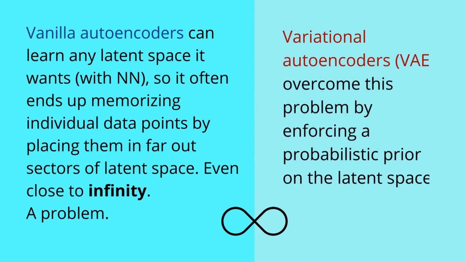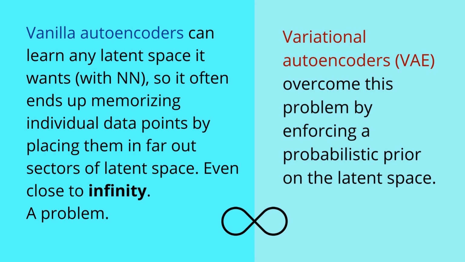Now, next up. Our vanilla autoencoder can learn any latent space it wants if you substitute the linear transformation with a highly complex transformation, but now we have neural networks in the interplay. So it often ends up memorizing individual data points by placing them in far out sectors of our latent space.